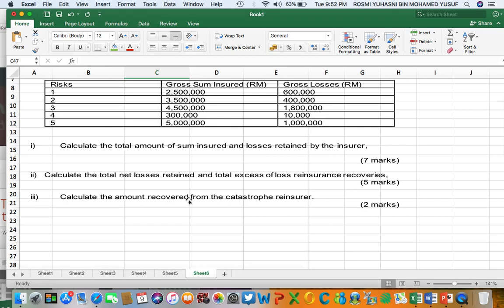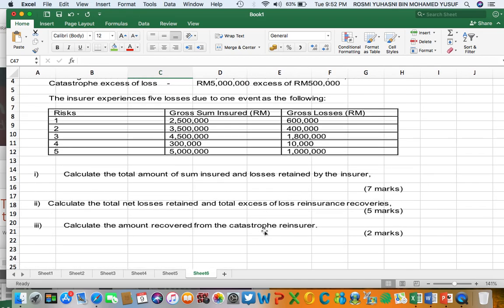Calculate the amount recovered from the catastrophic reinsurer. Okay, we have not yet covered the theory part of the catastrophic reinsurer, but we can at least understand how it works when it comes to calculation.